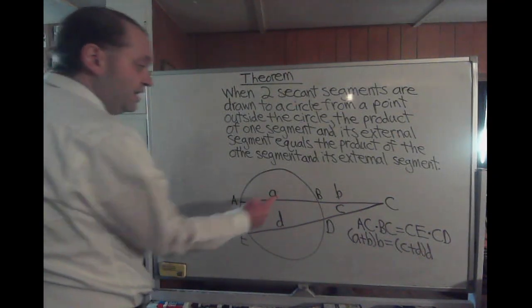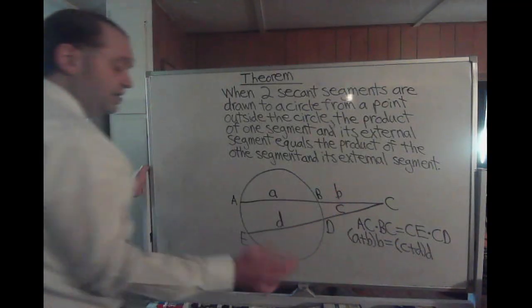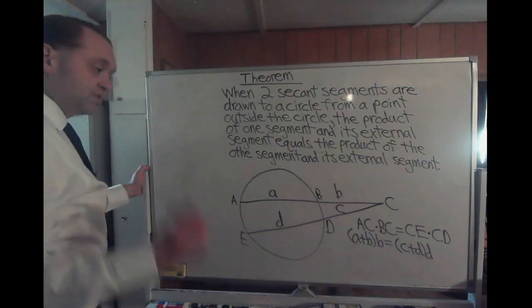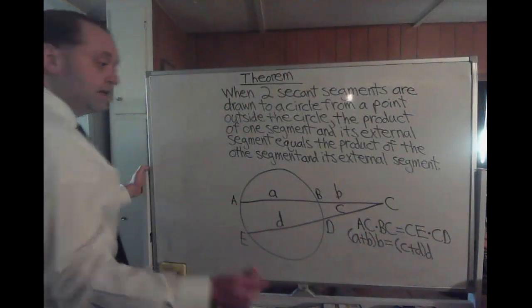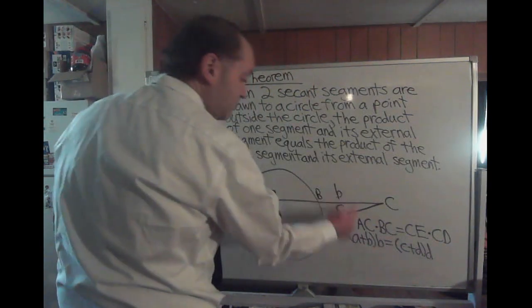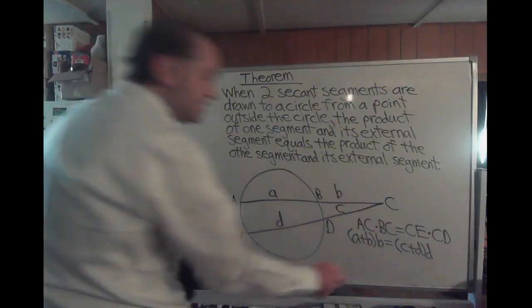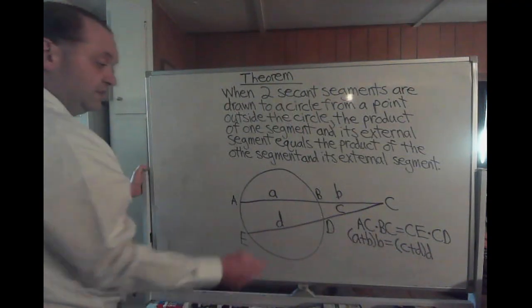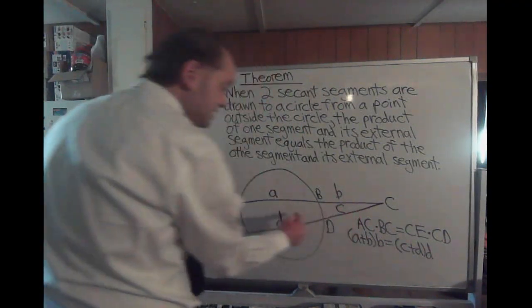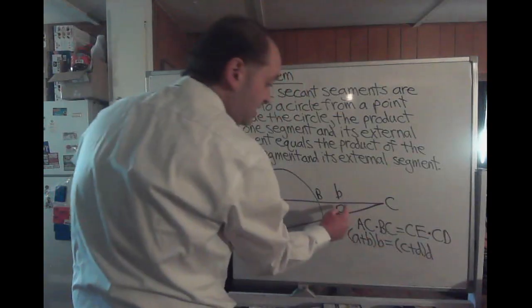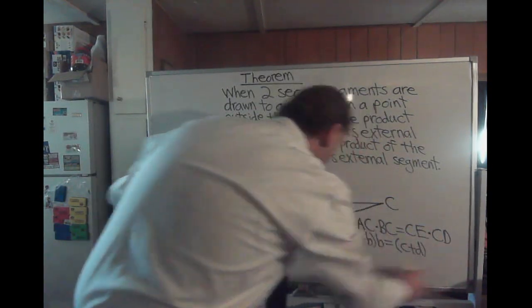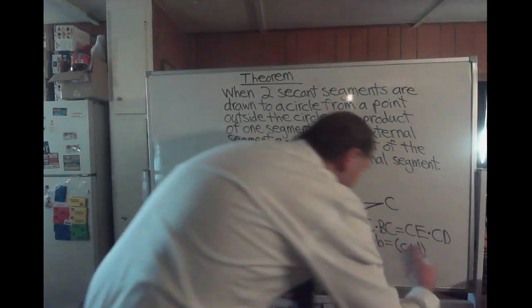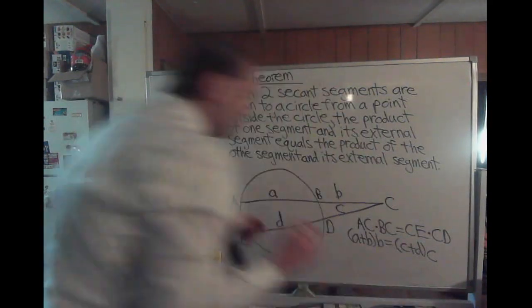AB has a length of A, BC has a length of B. To get the length of the whole segment, you're going to take A plus B, multiply it by the length of the outer segment, which is B, set that equal to the length of the whole next segment, which would be C plus D, times the length of the outer segment, which is actually C, my bad, not D. That'd be C plus D times C for the outer segment.